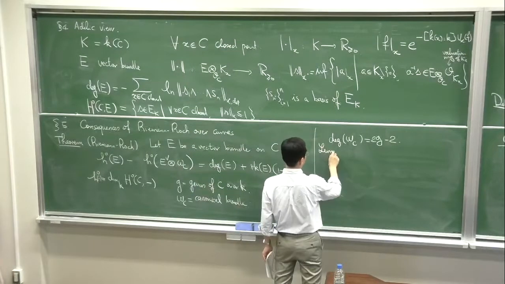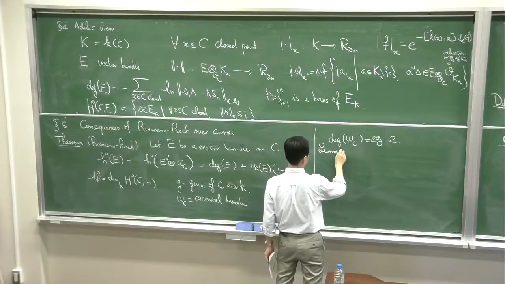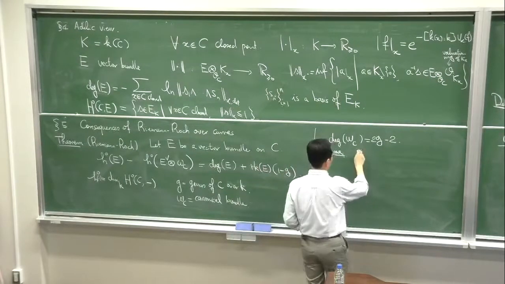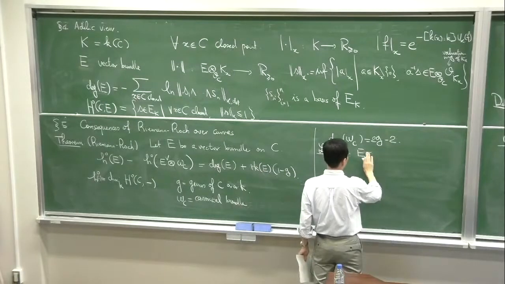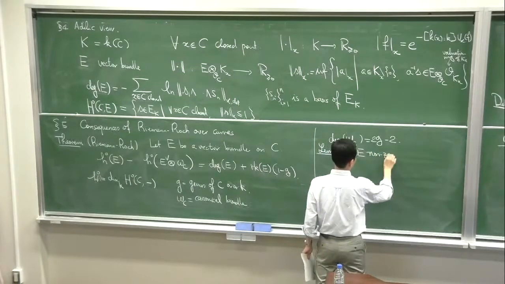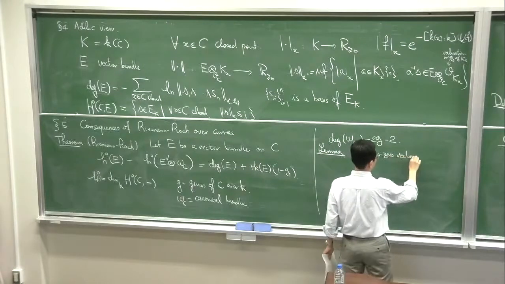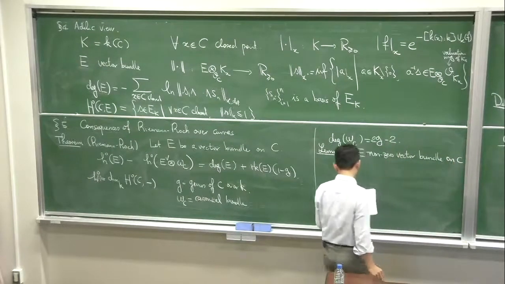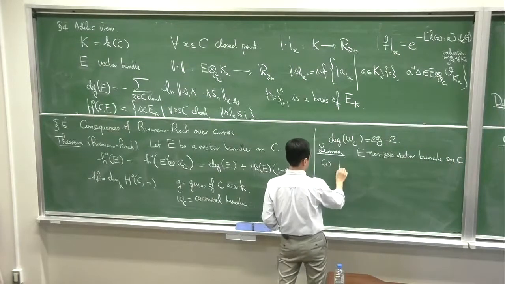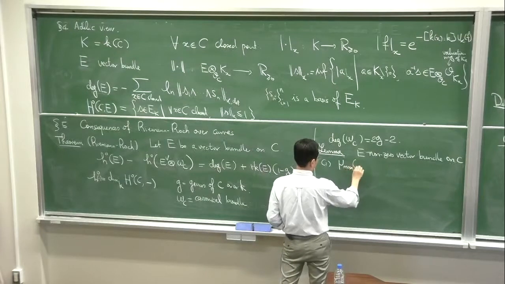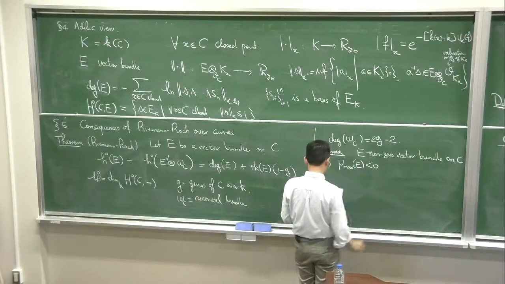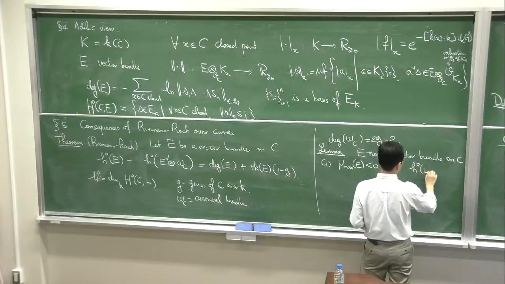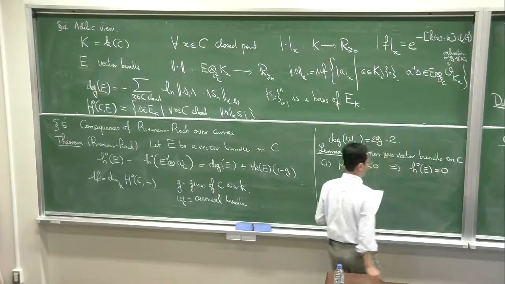So I will give you a series of consequences of this theorem. So let E be a non-zero vector bundle. So the first statement is that if the maximal slope of E is negative, then H^0(E) is 0.